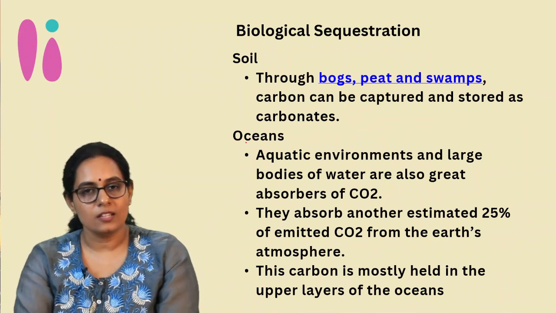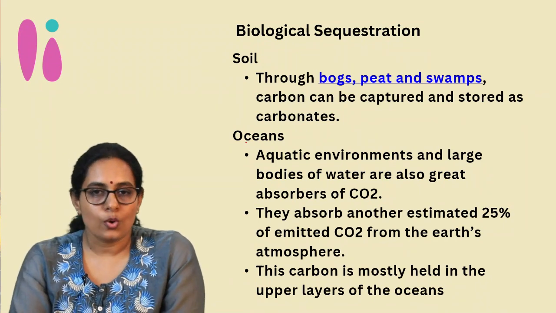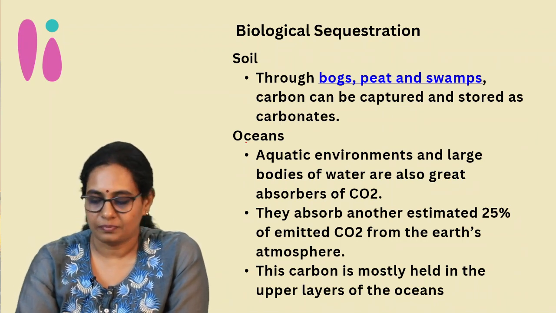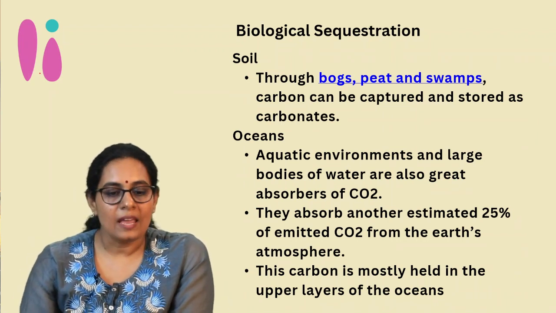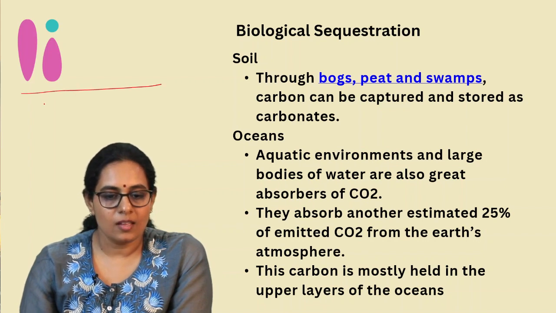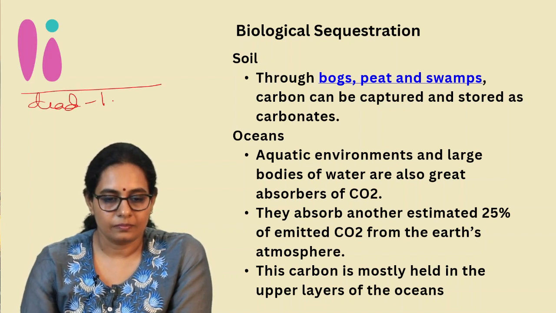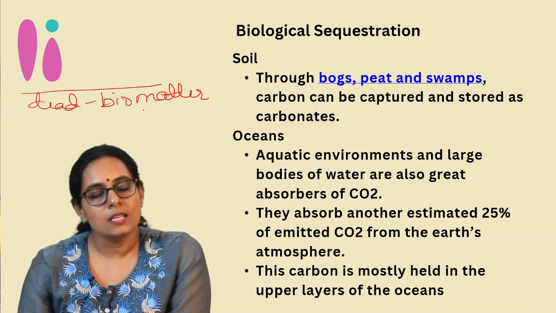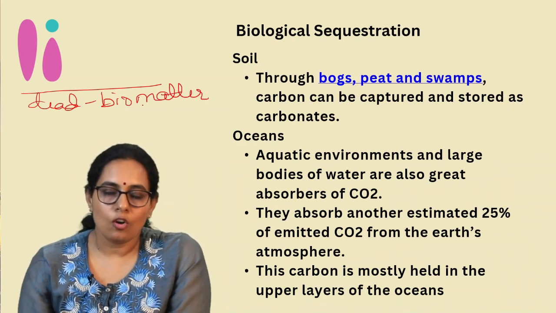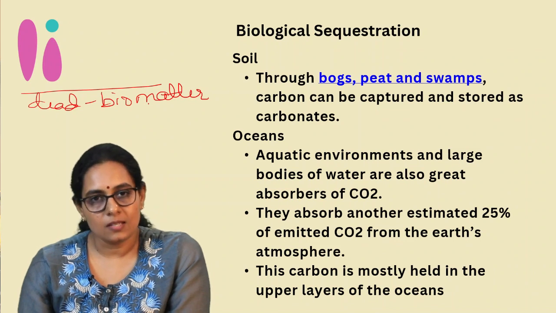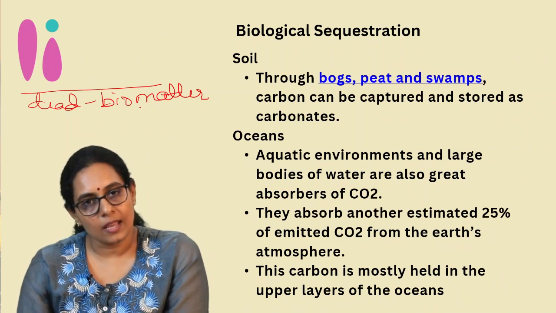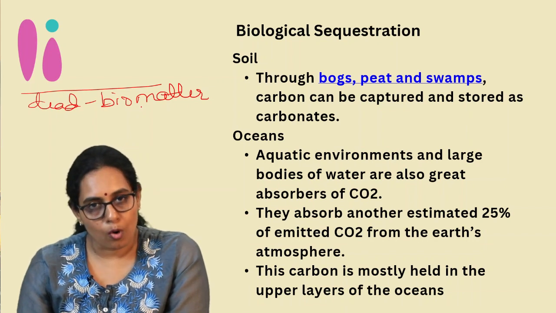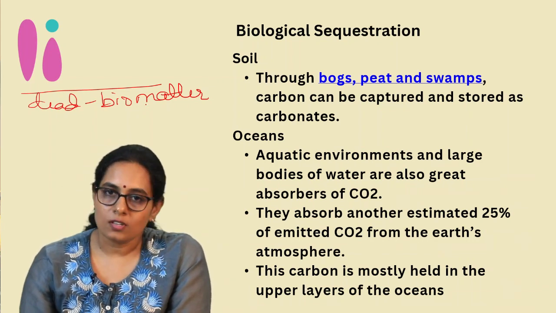The other method is your soil. So how does soil help in carbon sequestration? If you see, any dead biomatter is buried. Biomatter meaning plant or animal is buried. This burial of plant or animal means that the plant or animal contains carbon in its body in the form of starch.